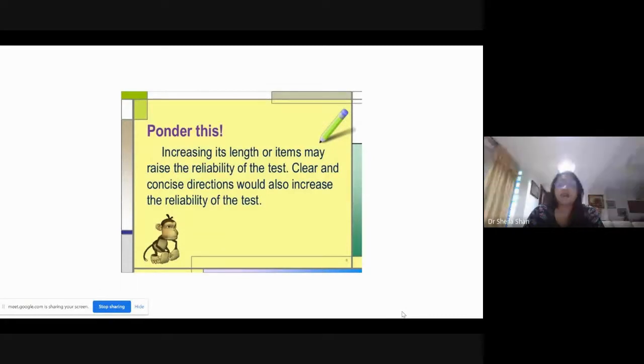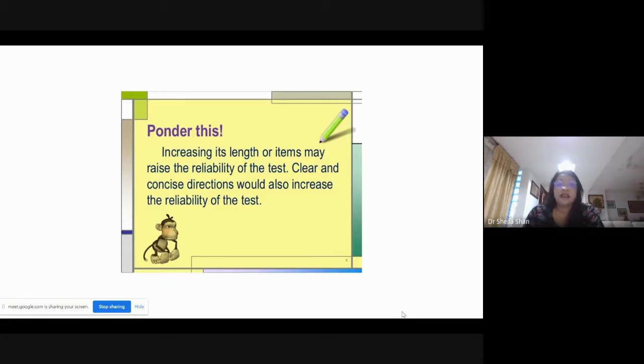Increasing its length or items. That means you have a lot of items, a lot of questions. All right. Say my research question is whether face to face increases the performance of the students. So now I give a lot of questions about performance, a lot of items on performance.